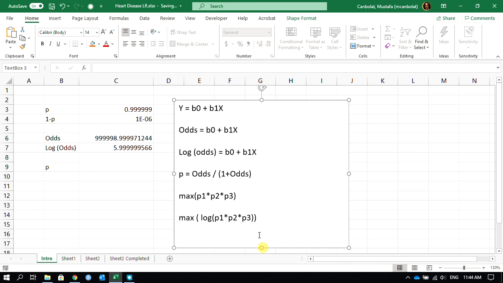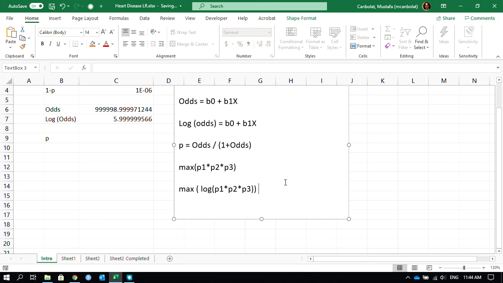Instead of maximizing log of P1 times P2 times P3, because of the properties of the log transformation, it is going to be log of P1 plus log of P2 plus log of P3, etc. So we could just maximize that sum.